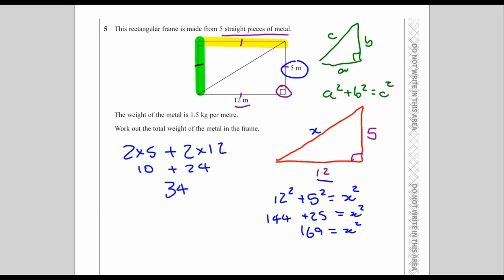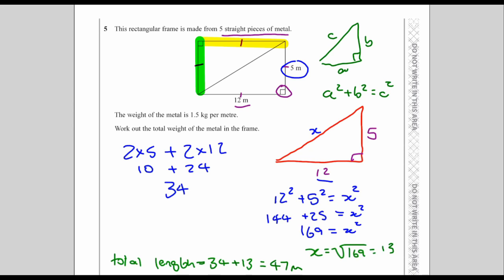We want x, we've got x squared, so square root it, and the square root of 169 is 13. So total length is 34 plus 13, which equals 47, and that's meters.